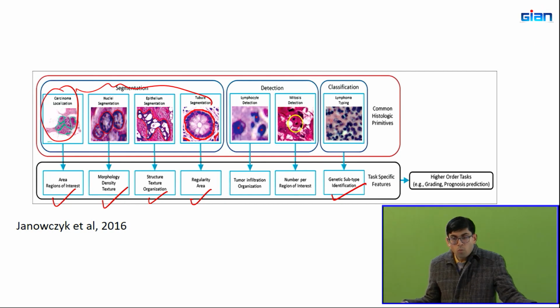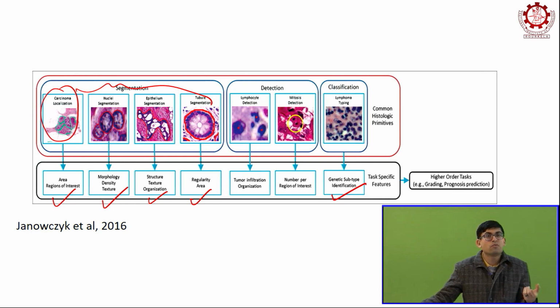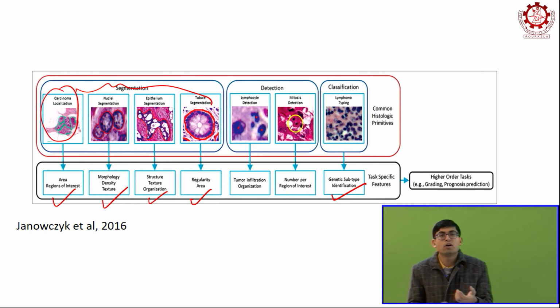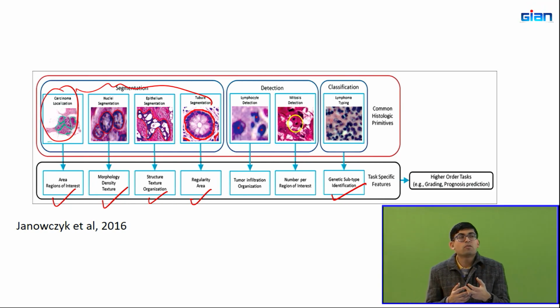So there's a lot of effort going on currently to just take the image and, based on the image, decide what the molecular subtype of the disease is. So yesterday we saw in breast cancer the different subtypes: triple negative, HER2 positive, ER positive, right? Depending on what these subtypes are, oncologists prescribe different treatments.